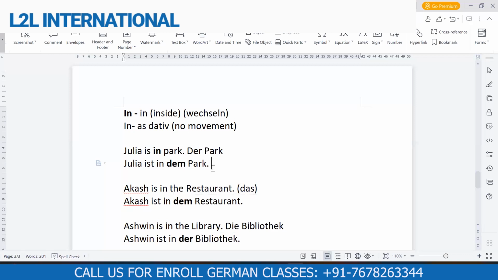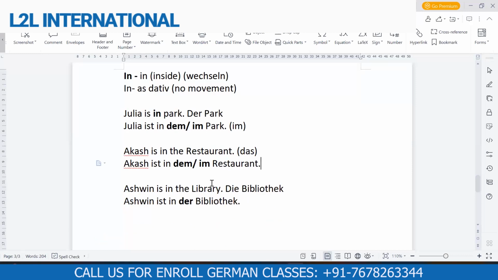Right, now I'll tell you what comes after this. "In dem" in German is written in short form as "im". So remove "in dem" and write the short form "im". "Im" means "in plus dem". Similarly here, if there is "in" and "dem", you can say "im Restaurant". Simply "im". "In der" we don't change. "In der" we keep as "in der". So normally the combination of "in" and "dem" becomes "im" in short form. If you are not understanding the short form right now, keep it aside. It's nothing to be understood deeply. It's just that some combinations we shorten. So this is one of those combinations. "In" and "dem" we can shorten and make "im".